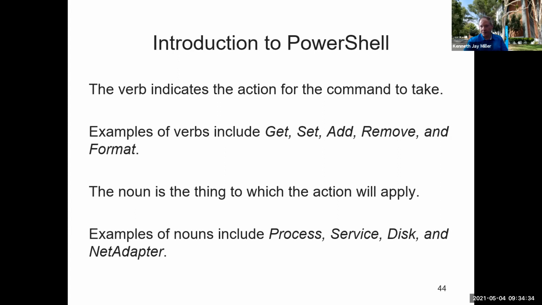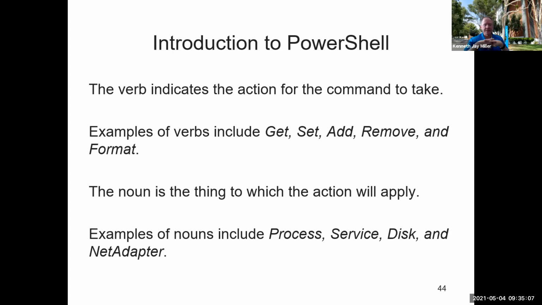And we know a noun is a person, place, or thing. So we want to do something to something, or get something from something, or add something to something. The noun is what we're working with. The verb is what we are going to do. So it goes verb-noun. The verb indicates the action for the command to take, and some of the more common examples are Get, Set, Add, Remove, Format.